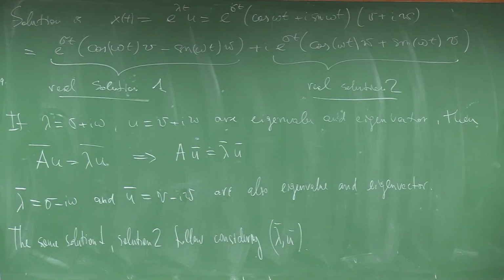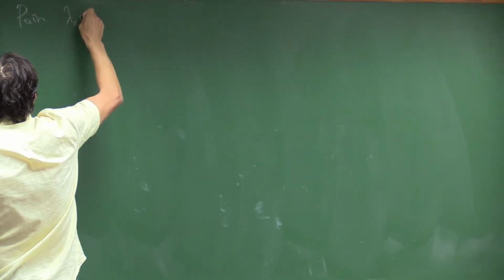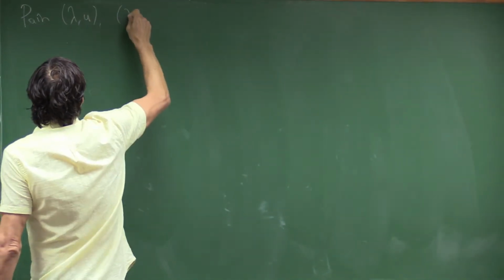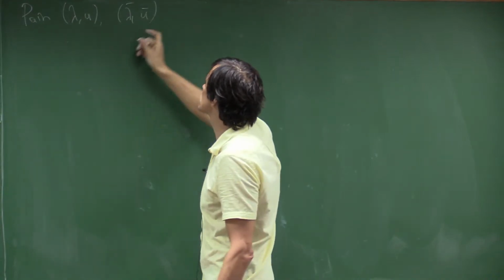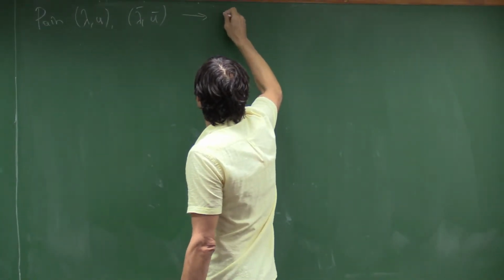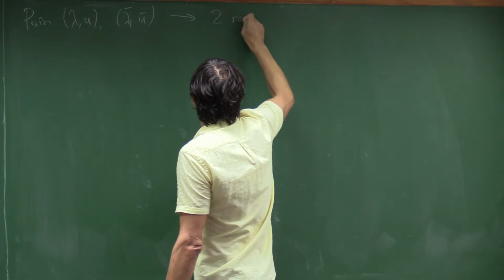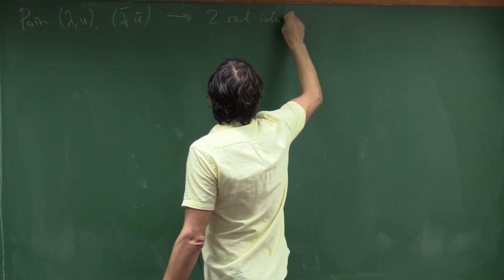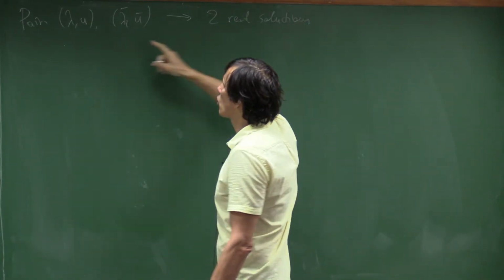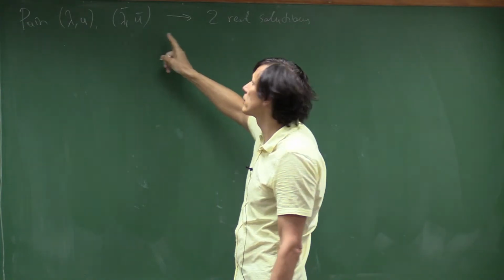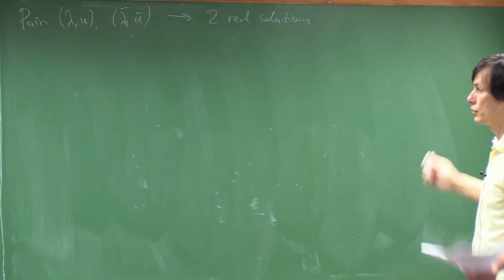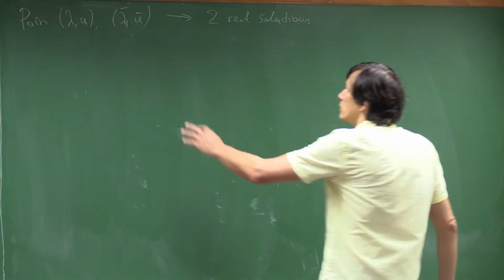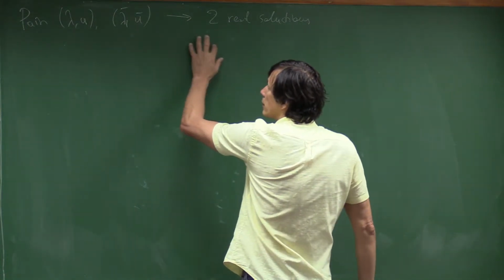So the pair lambda, u and lambda conjugated, u conjugated gives two real solutions. Two complex solutions which correspond to the pair give two real solutions which correspond to the same pair. So essentially this is just a different way to write a particular solution.